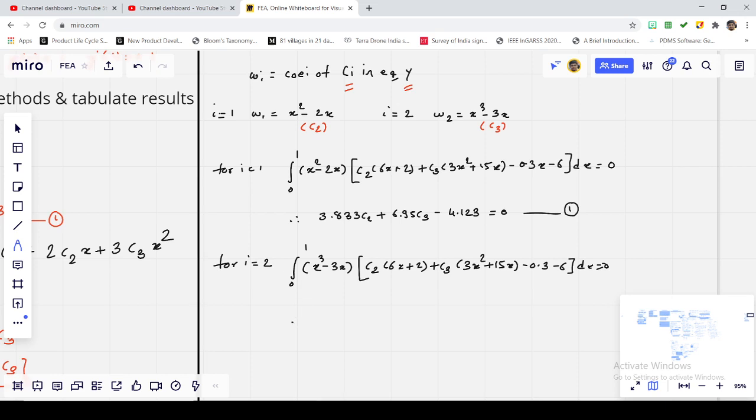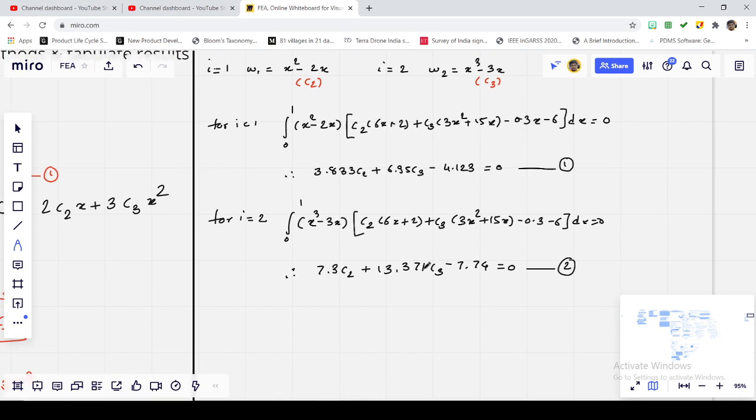Again solving this, you will get the second equation with two unknowns, that is 7.3 C2 plus 13.371 C3 minus 7.74 is equal to 0. You will call this equation 2.